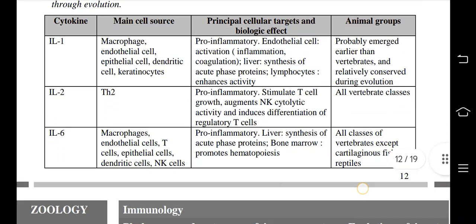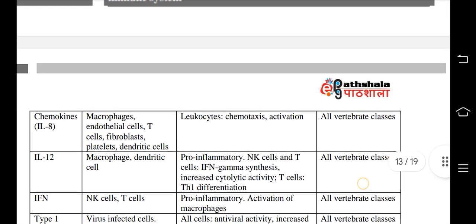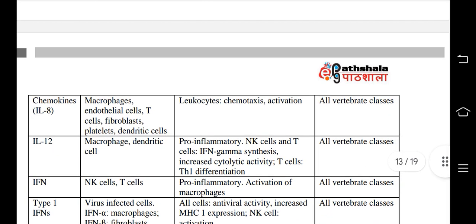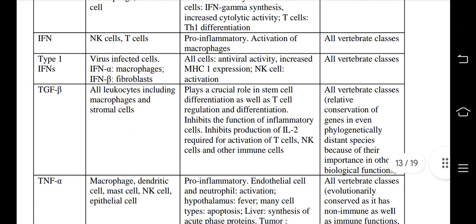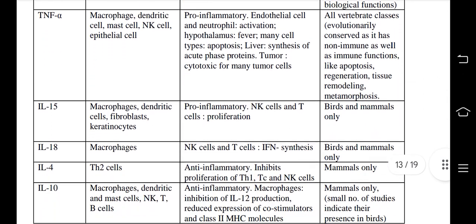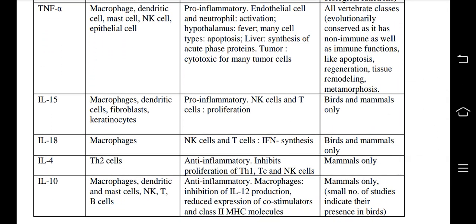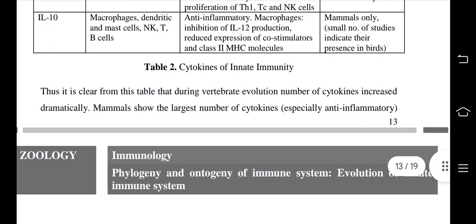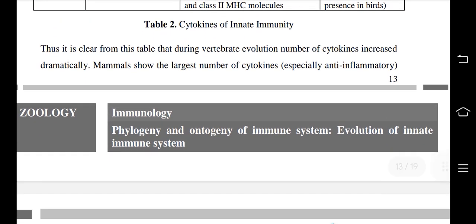IL-1, IL-2, IL-6, IL-8 chemokine, IL-12, IFN, type 1 IFN, then TGF beta, TGF alpha, IL-15, IL-18, IL-4, IL-10. Thus it is clear from this table that during vertebrate evolution, the number of cytokines increased dramatically.